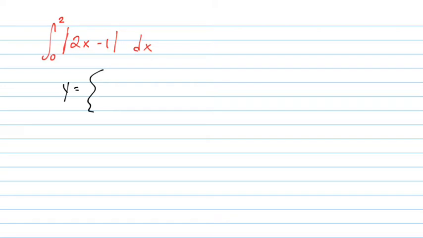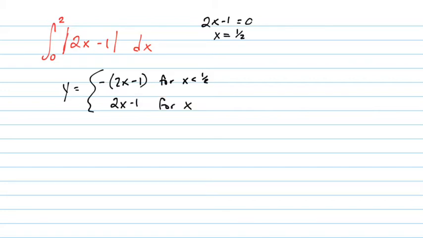And if we look at where it changes from positive to negative, at x equals 1/2, then we have the opposite of 2x minus 1 when x is below 1/2, and we have 2x minus 1 when x is above 1/2.